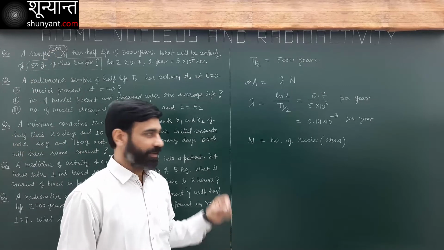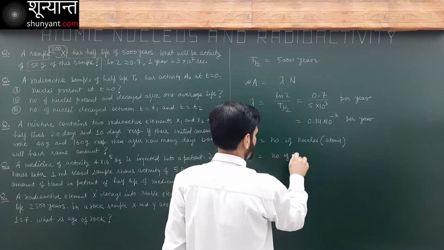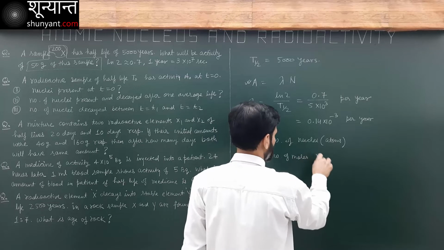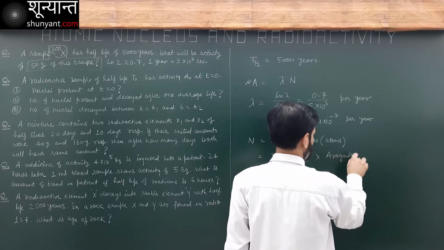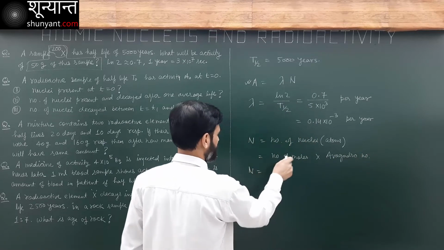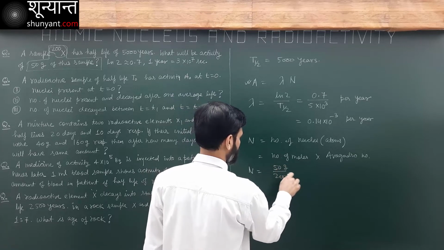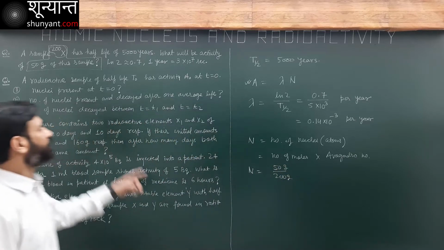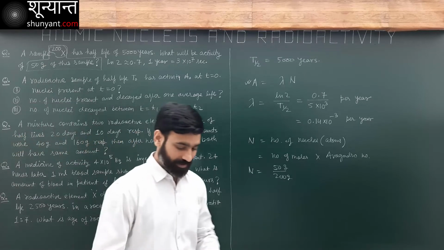It will be equal to the number of moles times Avogadro number. So N will be equal to 50 gram over 200 gram, times Avogadro number. Atomic mass is not given.